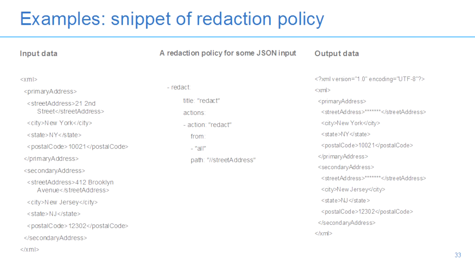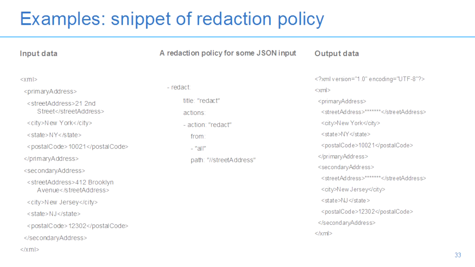And here's just a simple example. In the middle is the Redact policy that I'm going to have. It's going to redact from everything, and it's just going to look for /street address. On the left-hand side is some input data that's being passed into the Redact policy. The Redact policy is going to say we're going to get rid of, or obfuscate, everything that's got street address.